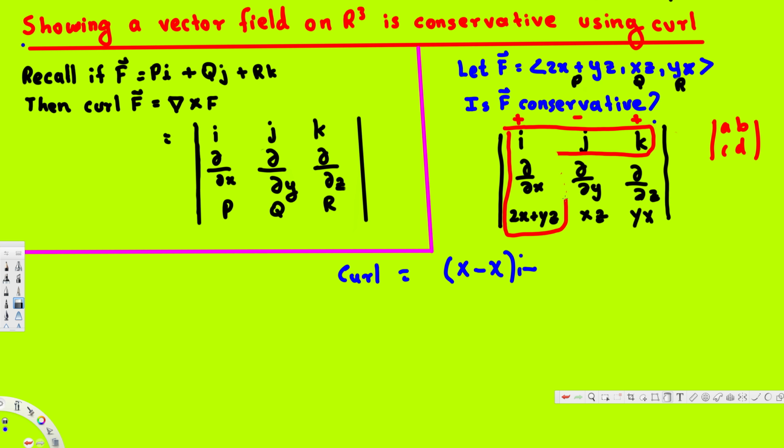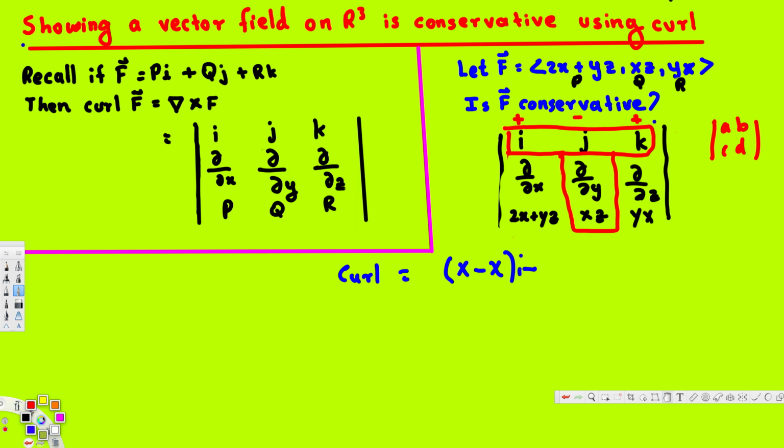Now, when we pick up the j component, we eliminate this one and this one, and this is the only thing that remains. Now we do AD minus BC. We take the partial derivative of yx with respect to x, and we get y.